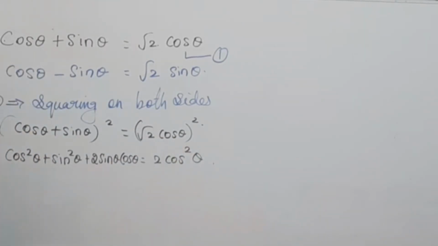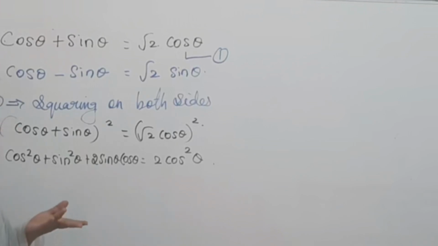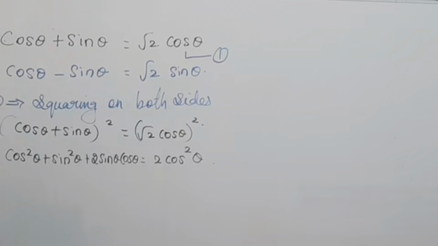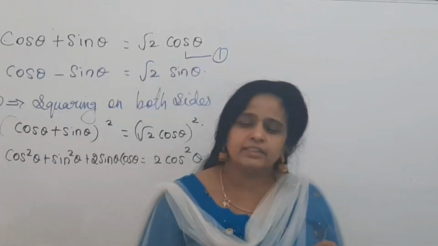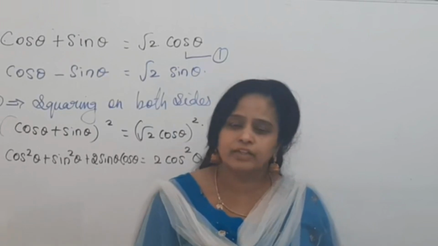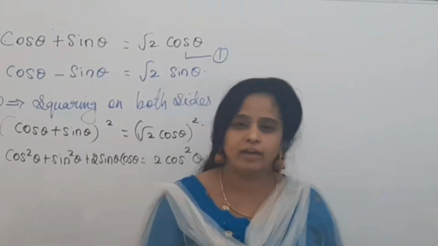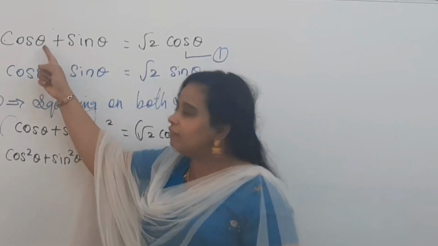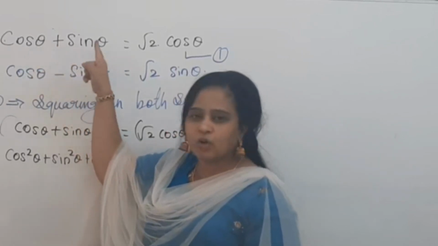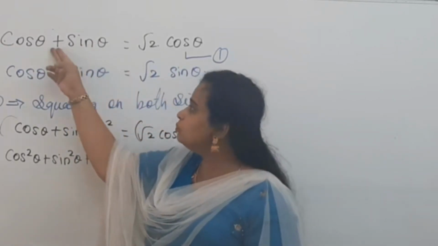Please do not substitute cos square theta plus sin square theta is equal to 1. Why, ma'am? Always we substitute sin square theta plus cos square theta, wherever it comes, it is equal to 1, no? But I'll give you another hint. Children, whenever sin square theta plus cos square theta comes, mostly you will substitute 1. But look at the question. In the question, it could have been given as sin theta plus cos theta, because both are the same.